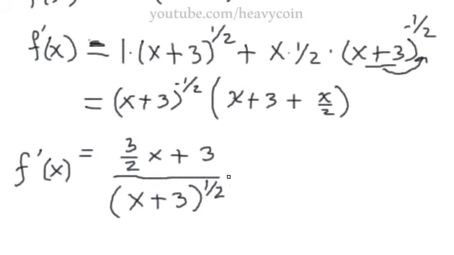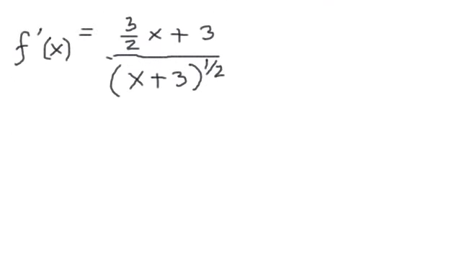And we want to get to f double prime of x. So that means we've got to take the derivative again. That's okay, we can do that. So f double prime of x is equal to, we're going to use the quotient rule.